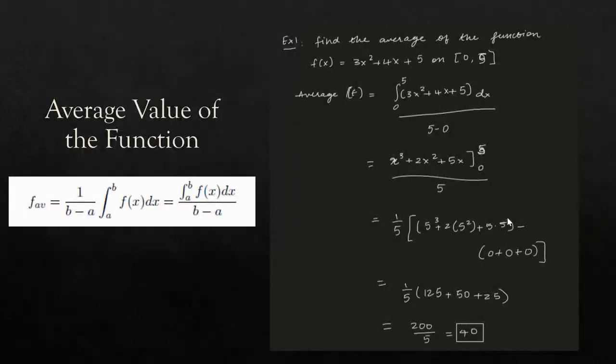And then the last topic that we have is the average value of a function. So this is the formula that you would use to find the average value of a function. So let's look at the example. Your function is 3x squared plus 4x plus 5, and it's from 0 to 5. So you would set up your integral in the numerator, and your denominator is basically b minus a.